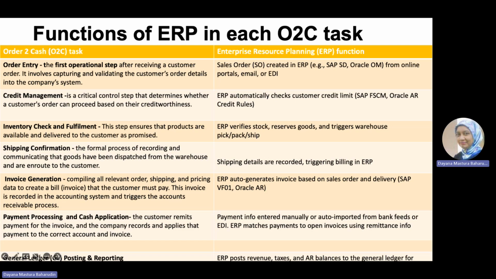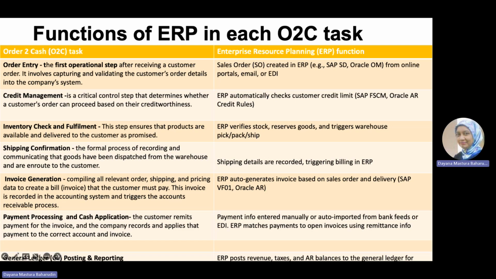Then we have credit management, which is a critical control step that determines whether a customer's order can proceed based on their creditworthiness. If you were to do it manually, you have to check whether the customer has defaults in other payments, and so forth. With the ERP, it automatically checks the customer credit limit.